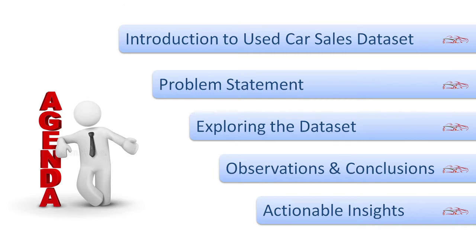The third item is exploring the dataset, the observations that we made, and the conclusions that we come across during the exploration of data. Finally, we will walk you through the actionable insights that will mitigate the problem statement defined in the previous agenda items. Let's move on.